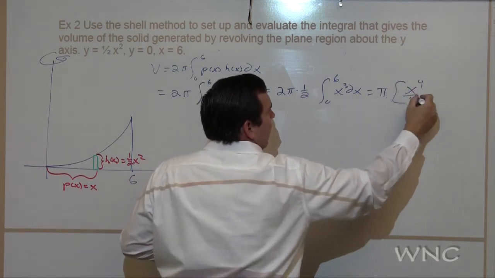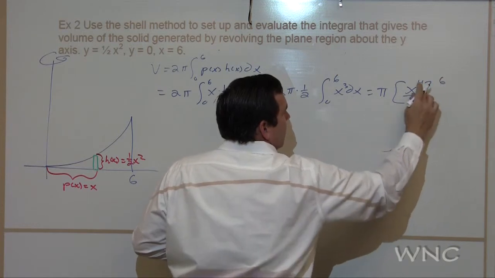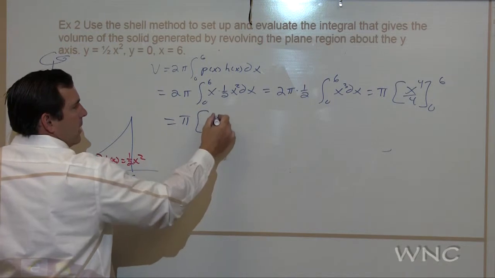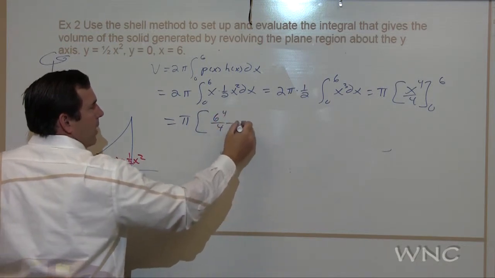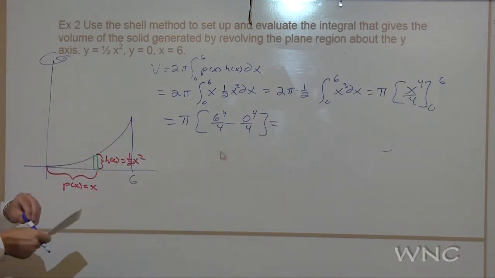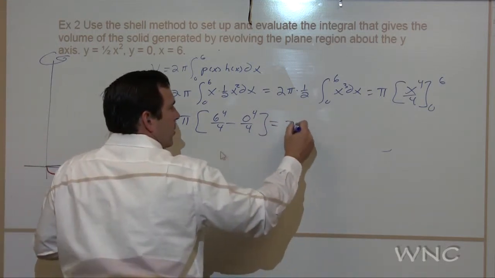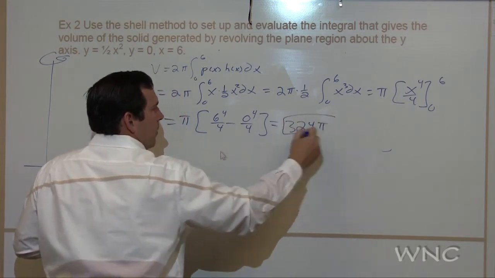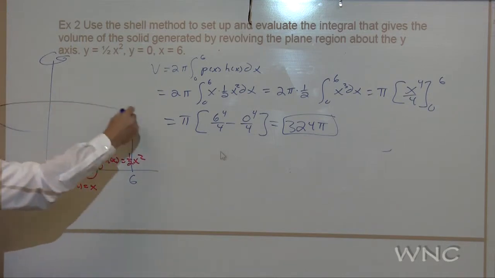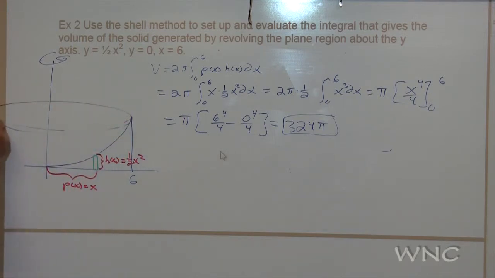X to the 4th over 4 from 0 to 6. Pi times what? 6 to the 4th over 4 minus 0 to the 4th over 4. This comes out to be 324 pi. That'd be the volume of the shape that comes around. Kind of like a bowl with vertical sides.